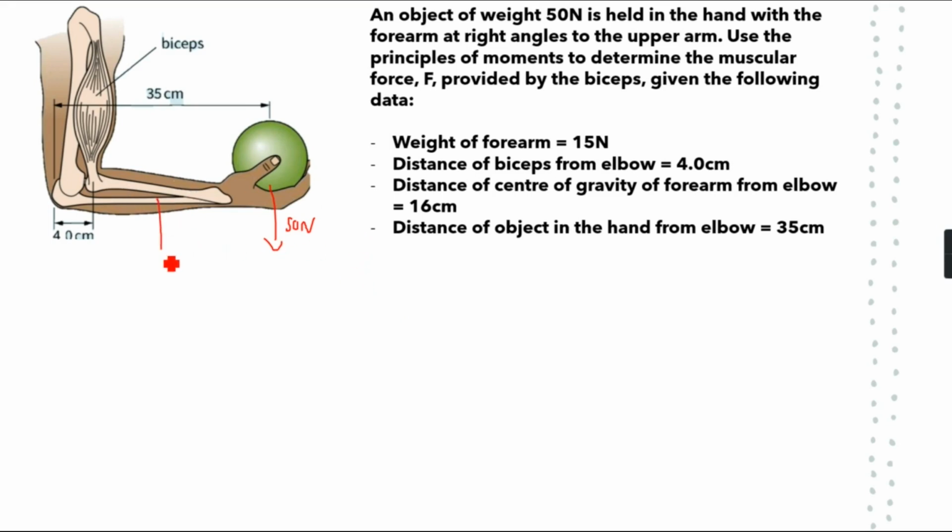Distance of the bicep from the elbow is 4 centimeters. The center of gravity of the forearm is about there from the elbow, and we're told that's 16 centimeters. And the distance of the hand from the elbow is 35 centimeters.